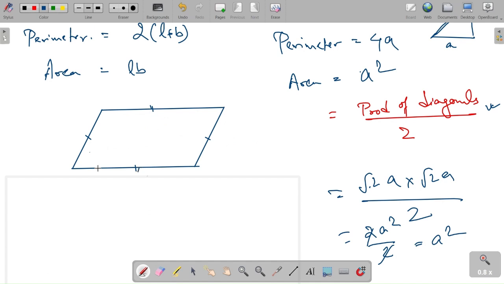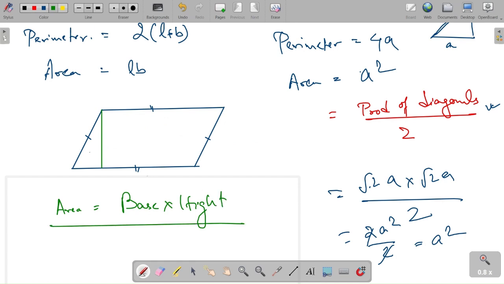Now, here, if you just take one height, the area of the parallelogram will be, area is half into, say, base, sorry, not half, this is simply base into height.